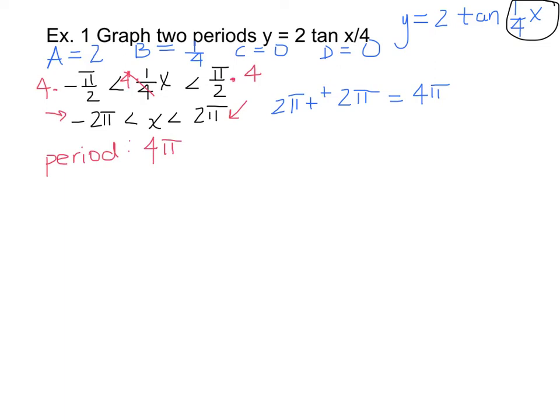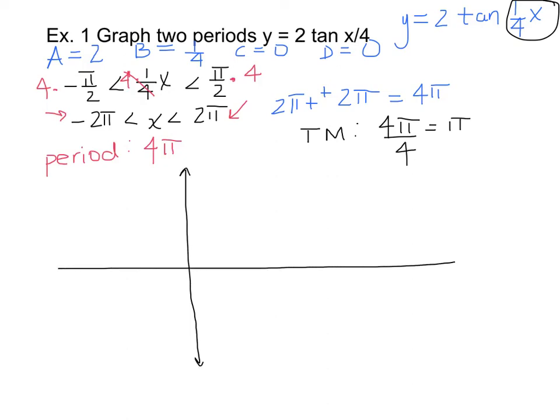So to find your tick marks, I'm going to call it TM. You take your period and you divide it by 4, which is pi. Okay? So when I draw my graph, I'm starting at negative 2 pi, and I'm just going to keep adding 1 pi.